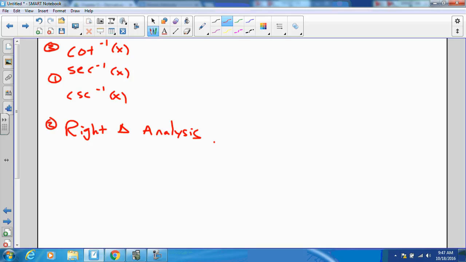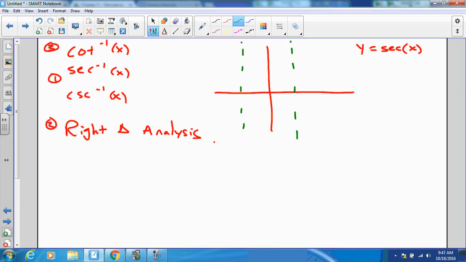So as far as inverse secant and inverse cosecant go, the trick about inverse secant is that it has these vertical asymptotes at x equals pi over 2 and x equals negative pi over 2, and in general x equals 2k plus 1 pi over 2.